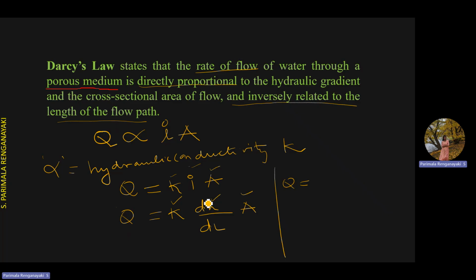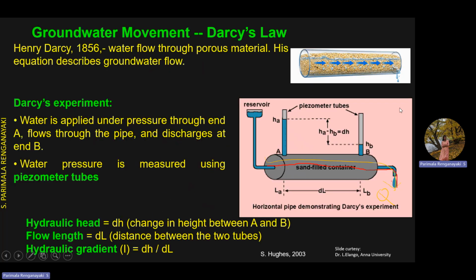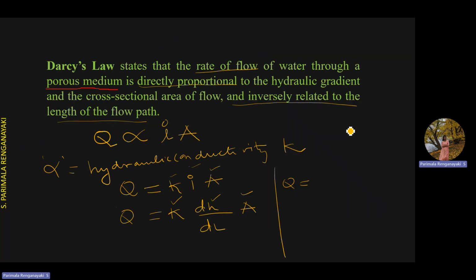And this hydraulic change in head: if you see the change in head is too steep between the two wells, if the gradient is too steep, then also the discharge will be very high. And if the area of cross section is high, then also discharge will be high.